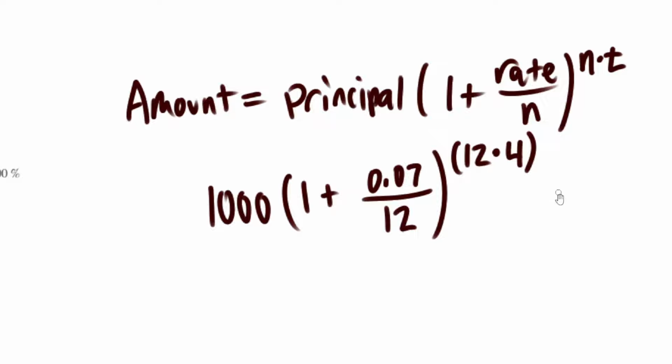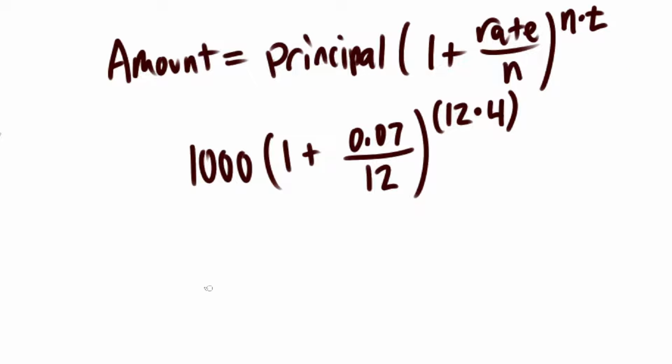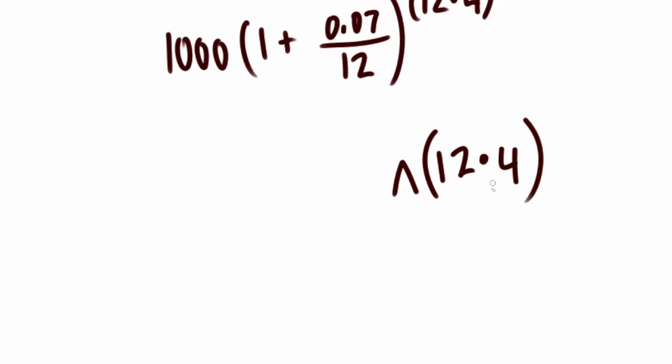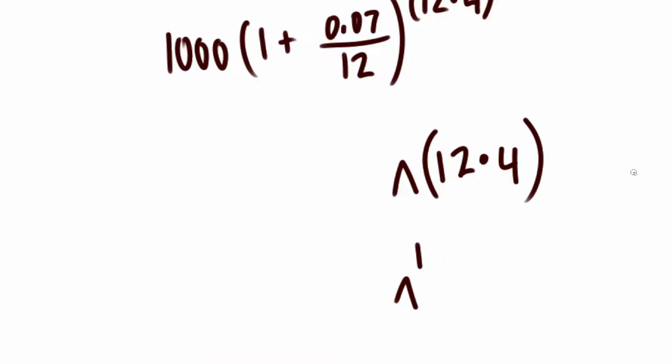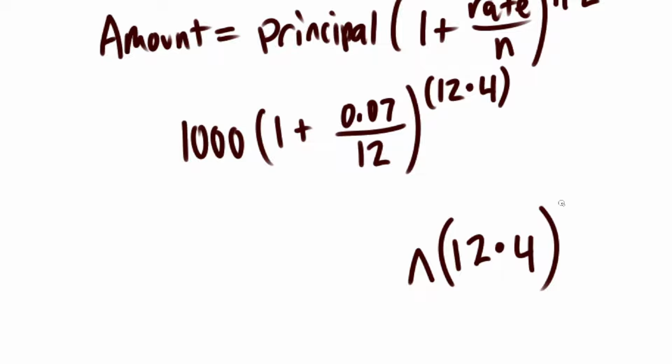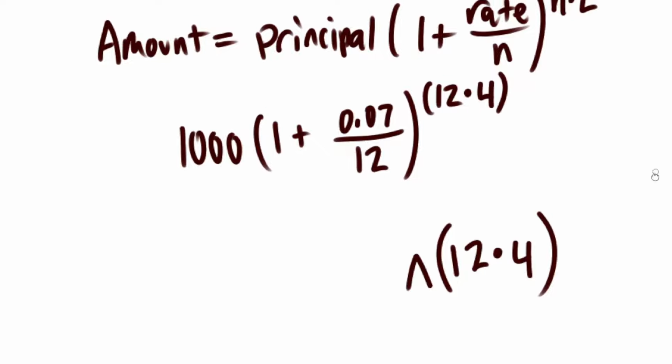Now, I will note, if you're plugging this into your calculator, when you do your up caret for the exponent, you're going to want to put the 12 times 4 in parentheses. Because if you just do the 12 to the 12th power and then times 4, it will think that you're timesing the whole thing by 4 rather than just the 12 times 4. You could also just do this math in your head before you plug it in, or do it on a calculator before you plug it in.